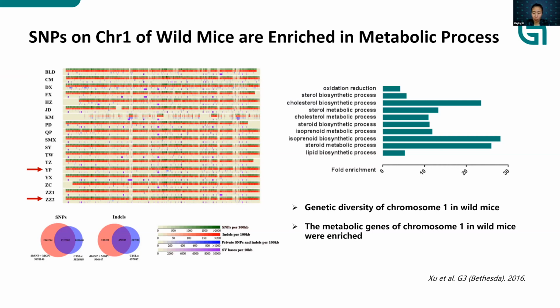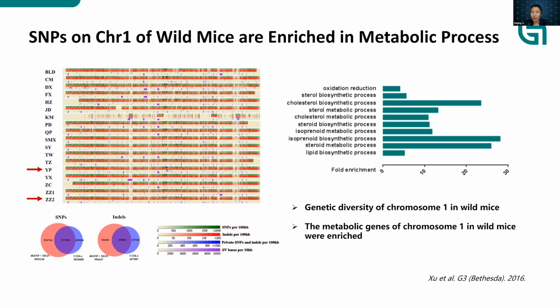So it's a proof of principle in terms of methodology and technical capability. The second thing we wanted to achieve by focusing on chromosome 1 first is that from this SNP analysis, as shown here on the left side, as well as the other parts of the slides, we realized chromosome 1 is enriched in SNPs that are relevant for metabolic regulatory pathways.